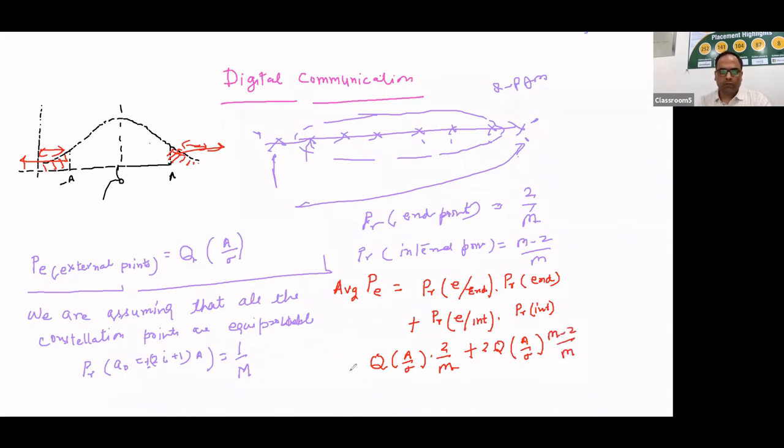So this is the average probability of error for PAM.